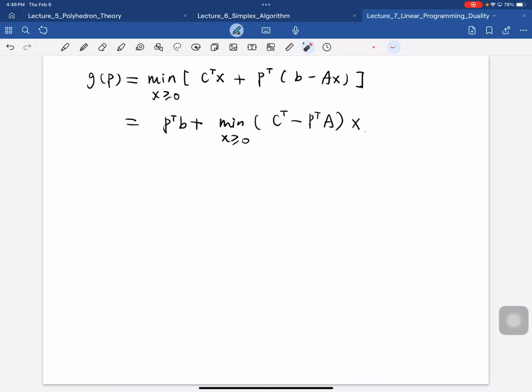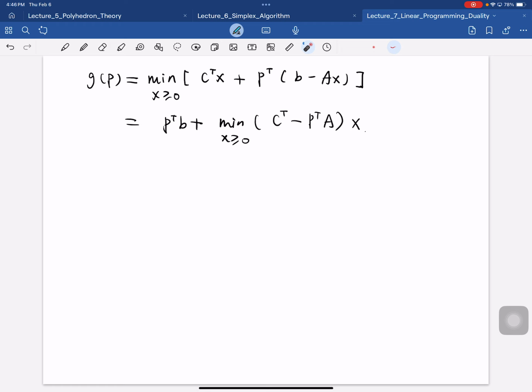Minimizing and being unbounded means this term equals minus infinity. So when will this term go to minus infinity? When the expression in the bracket is not 0.